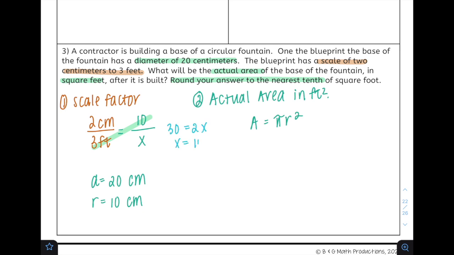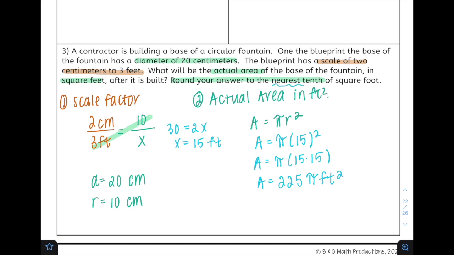X is going to be 15 feet. So here we have A equals pi times 15 squared. When you do A equals pi times 15 times 15, you're going to get area is 225 pi feet squared.